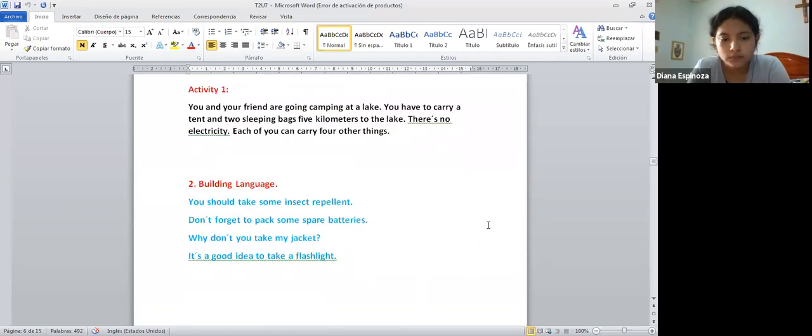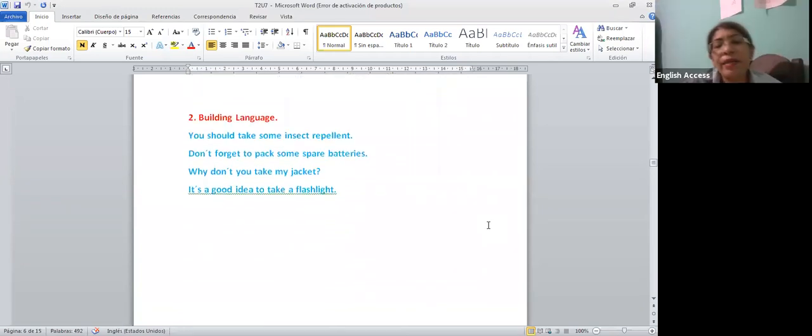Let's see. For example, here you have more ideas. You should take some insect repellent. Don't forget to pack some spare batteries. Why don't you take my jacket? It's a good idea to take a flashlight, etc. Here the recommendations are these ones.